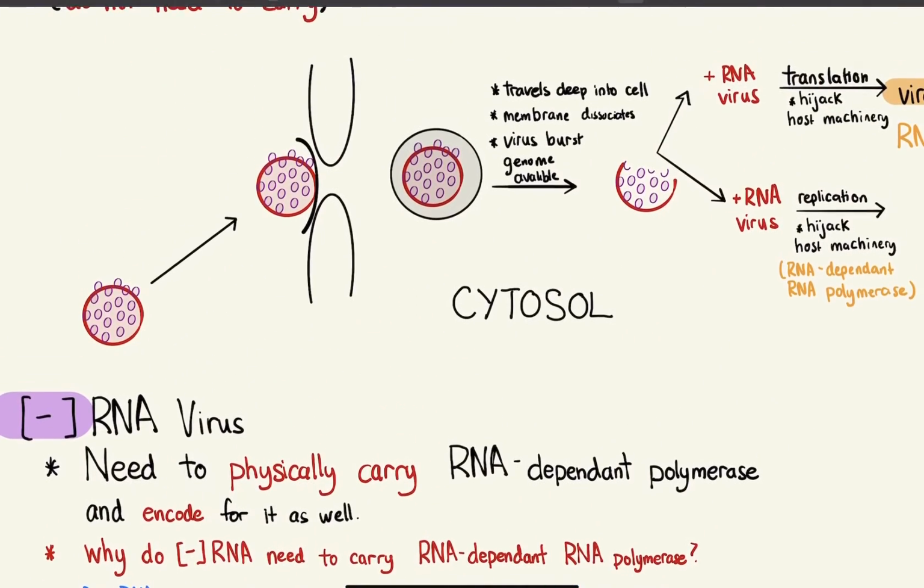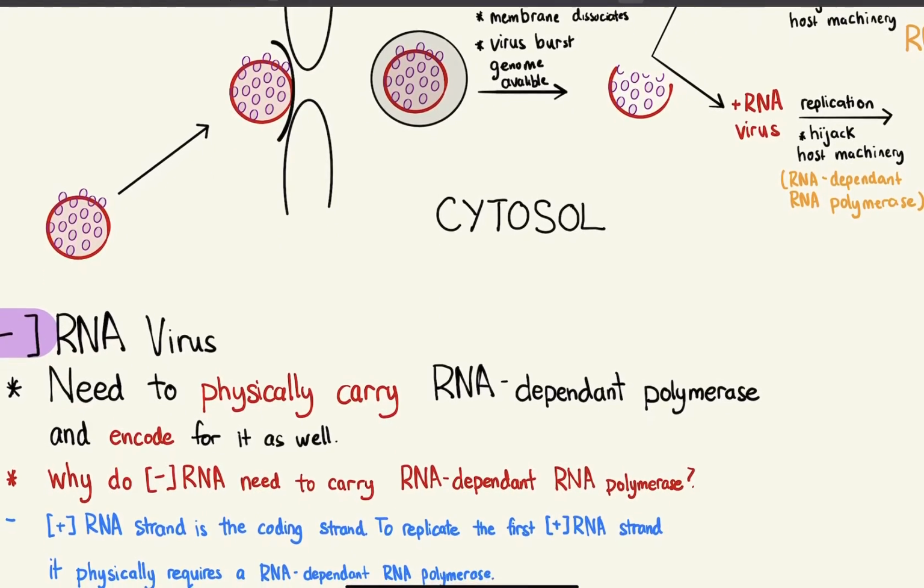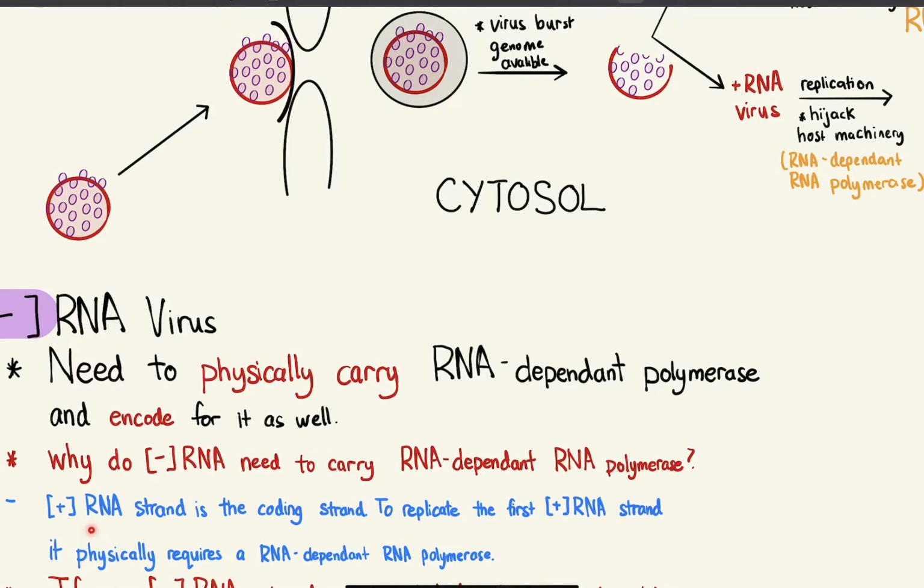So let's understand the negative RNA virus by a couple of questions. Why do negative RNA viruses need to carry RNA-dependent RNA polymerase? Well, we've talked about it just now. The positive RNA strand is the coding strand. To replicate the first positive RNA strand, it physically requires an RNA-dependent RNA polymerase, and that makes sense.